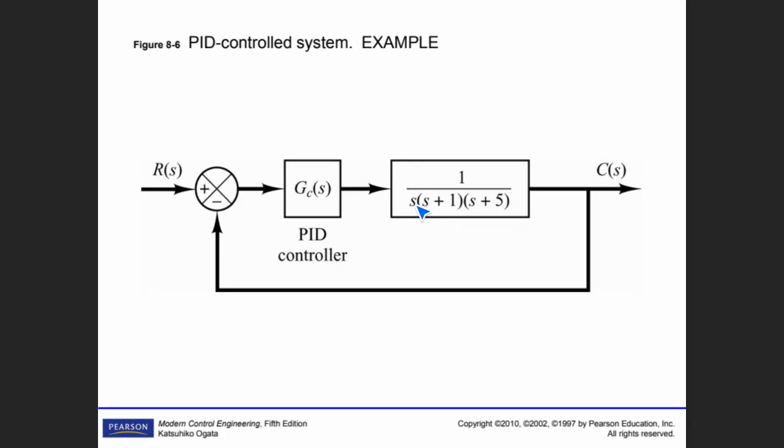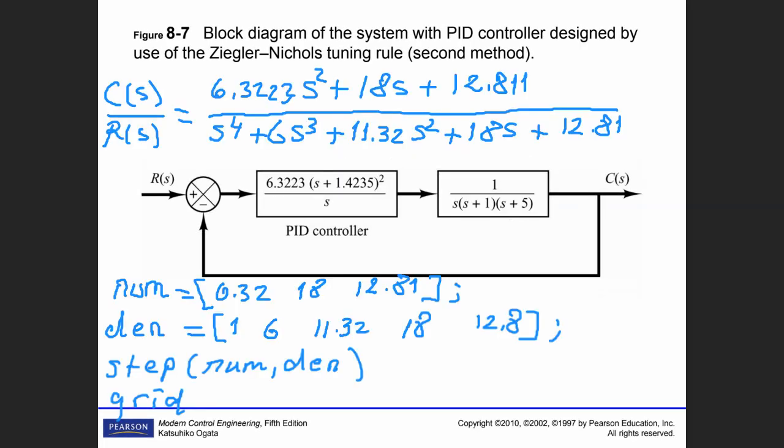One pole is located at S, the other one is -1, the other one is -5. When you solve it, then you are going to obtain the K values, and then when you add those K values, you end up with this system.